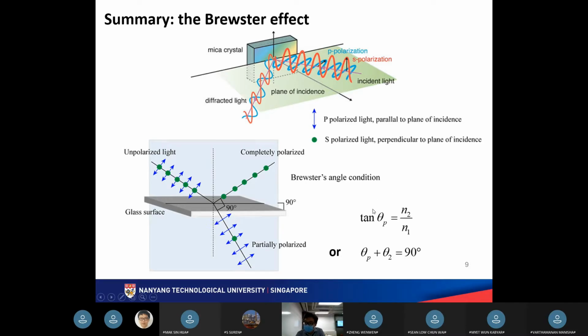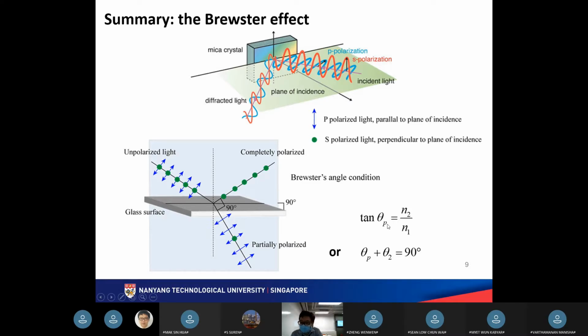The Brewster angle is defined as tangent theta_p equal to n2 divided by n1. n2 is the refractive index at the transmission side, n1 is the refractive index at the incident side. Once light is incident at this angle, the reflected light will be completely S-polarized. The transmitted light still consists of both components, P and S, but the reflected light is completely S-polarized. This is what we call the Brewster angle.